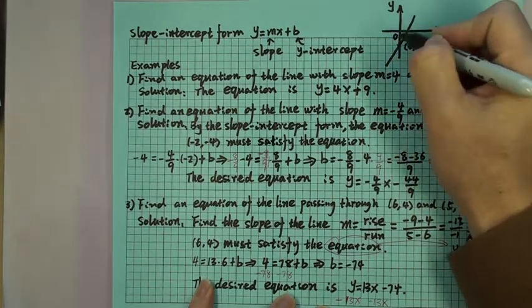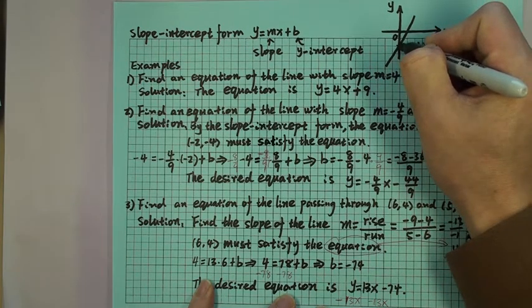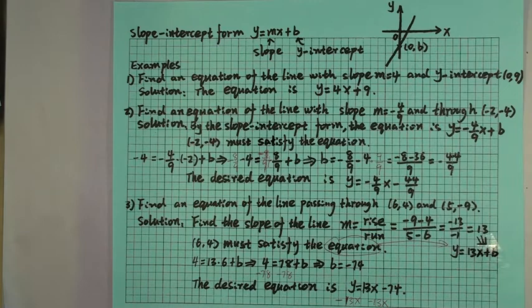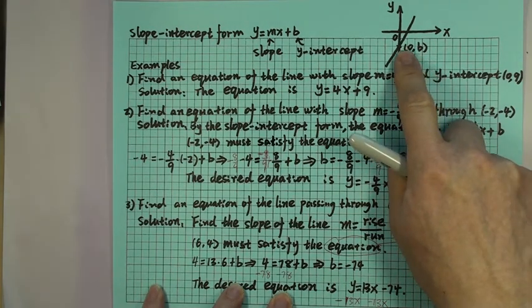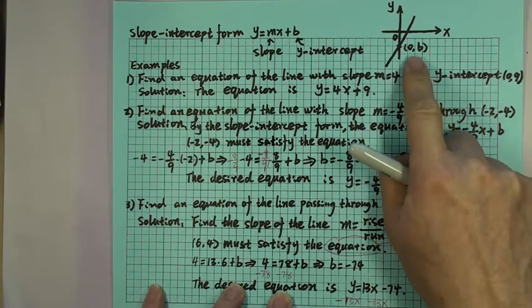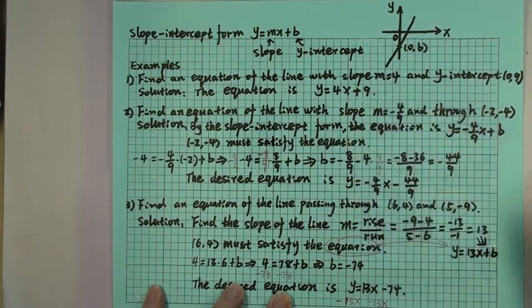So b is actually from here to here. Can be positive or negative. In this graph, b has a negative value because it is below 0. X coordinate is 0 right here.